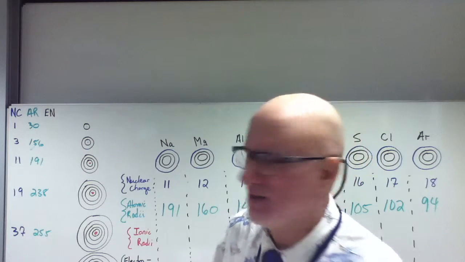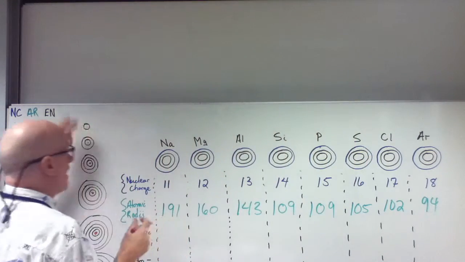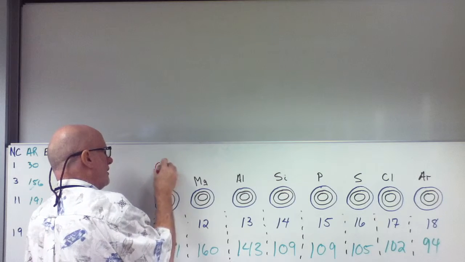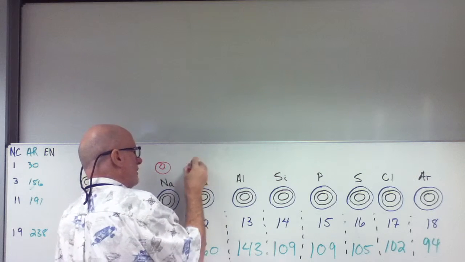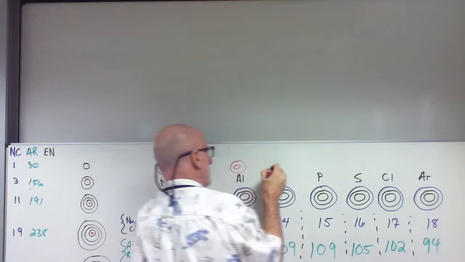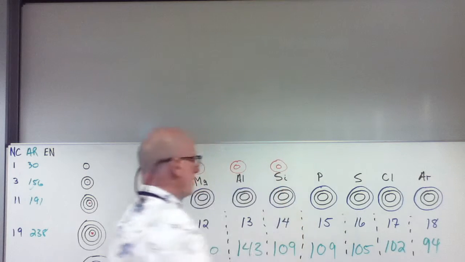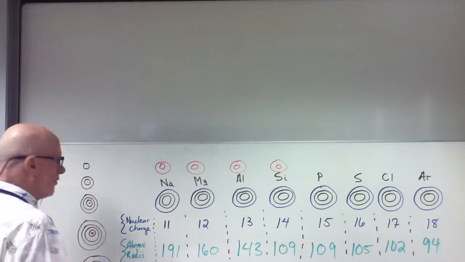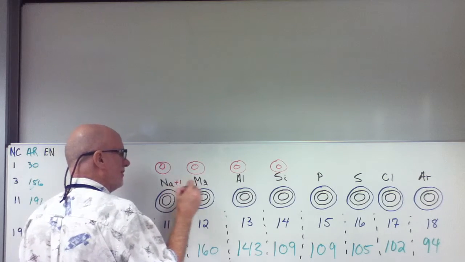Neon. Look, if this gives up one electron, what is the noble gas? It's going to be neon, right? So these are going to be cations, aren't they? Yes.